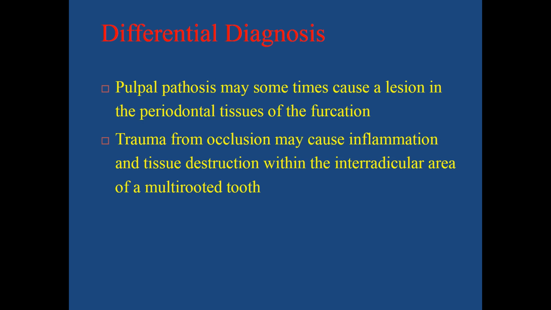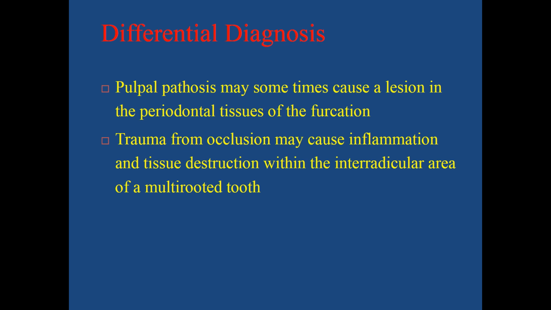Before deciding to do furcation treatment, we have to make a differential diagnosis, because sometimes when we find a radiolucent area or destruction in the furcation area, it may not be related to periodontal disease, but may be due to pulpal pathosis, and the infection in the pulp causes a lesion in the periodontal tissue of the furcation area.